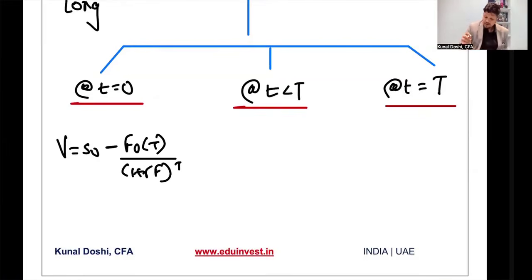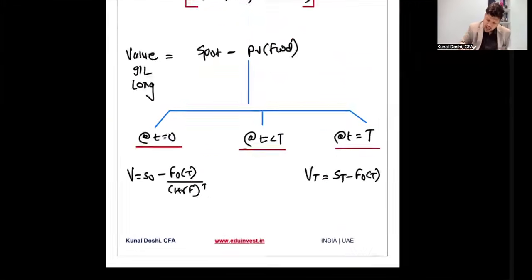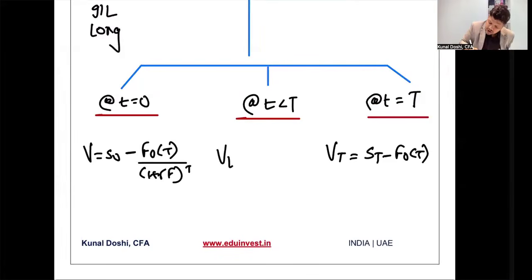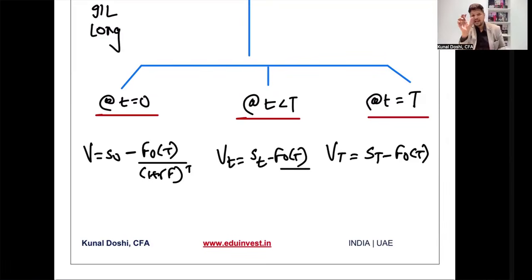Then there is a full maturity. On maturity, on the last day, the spot on that day and the closing forward price on that day. And before maturity, we do spot minus the forward divided by what we do. We divide the forward by the remaining maturity.